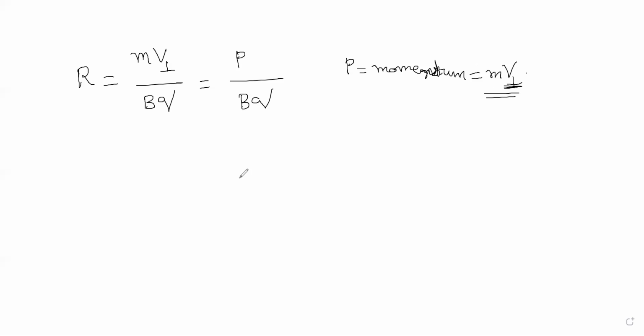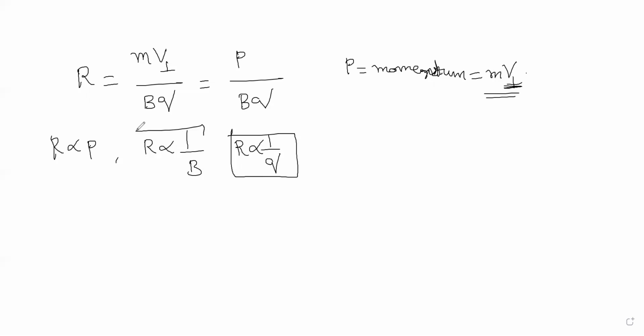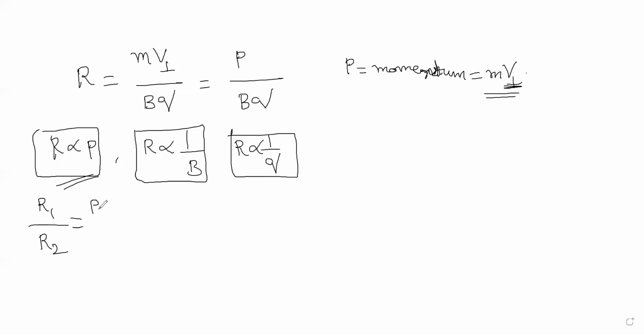Now, what are the things we will get? The radius of the charged particle is proportional to the momentum, and the radius is inversely proportional to the magnetic field, and the radius is inversely proportional to the charge on the particle. These are the three very important expressions. So if I write R1 by R2, I will get P1 by P2.